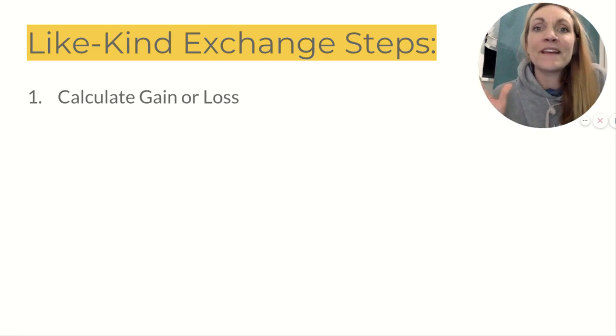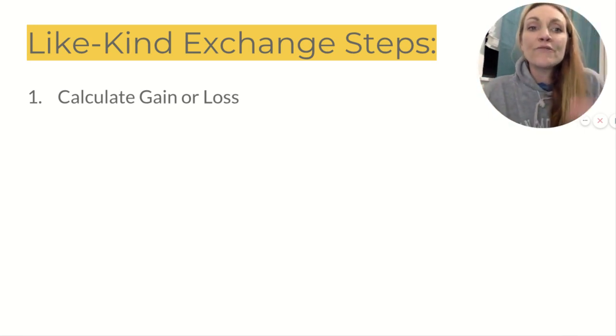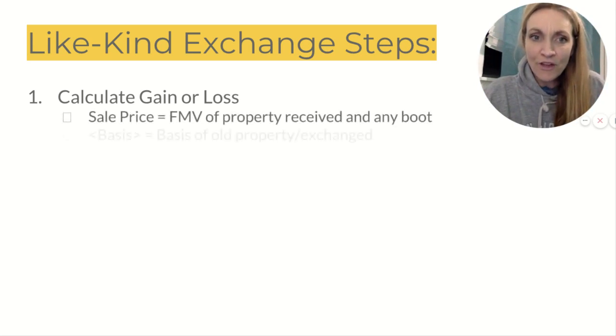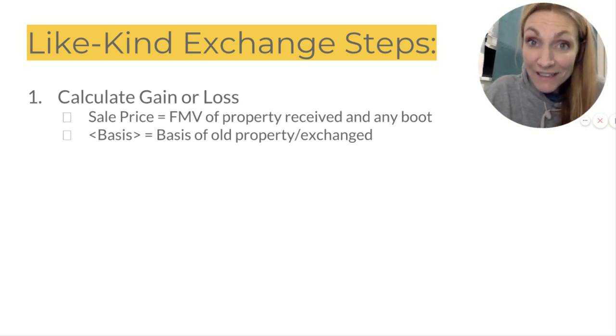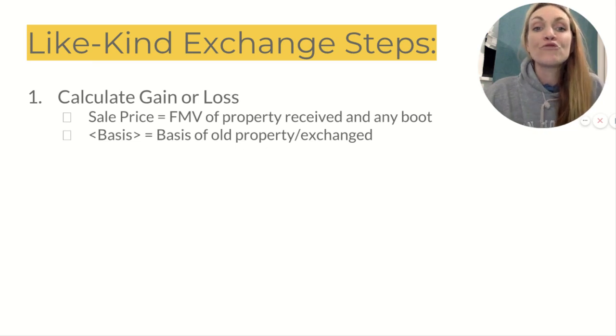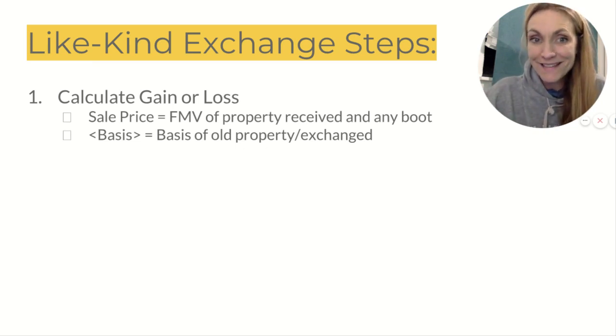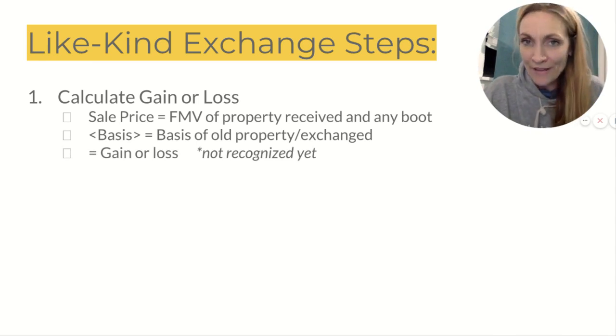So, steps in looking at these like-kind exchanges. First, you have to calculate the gain or loss. So our sale price is the fair market value of what we receive, plus any boot that we receive. And then we subtract out our basis in the old property, and that equals a gain or a loss.